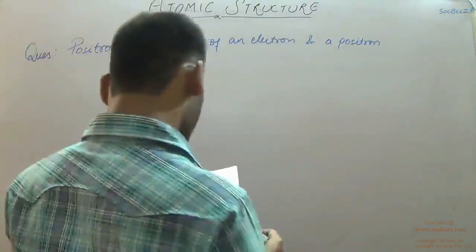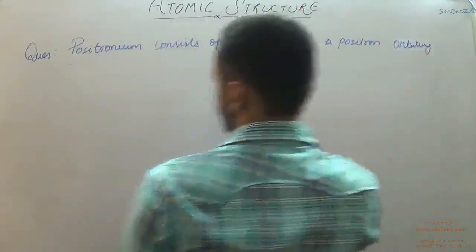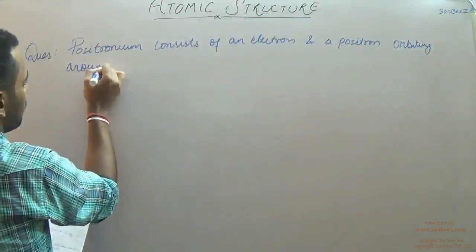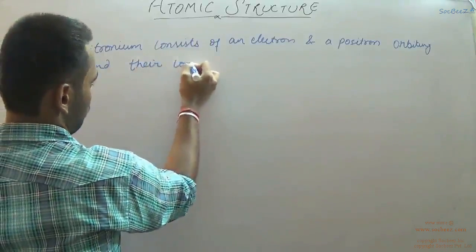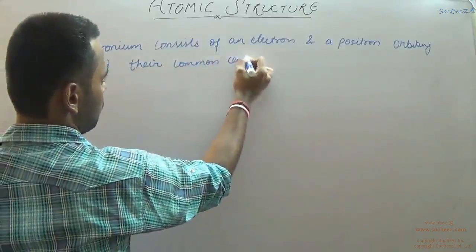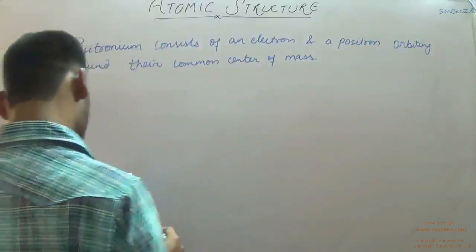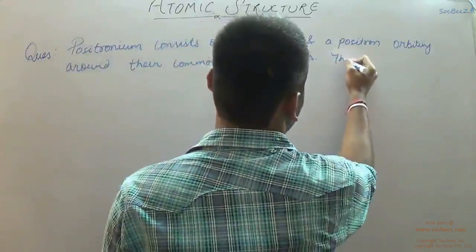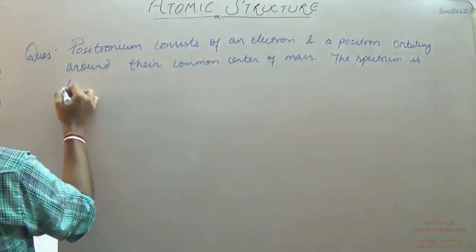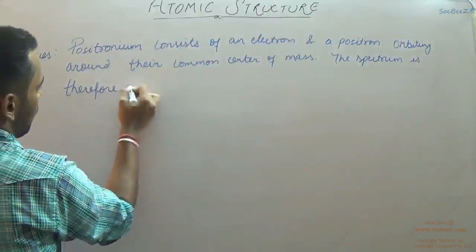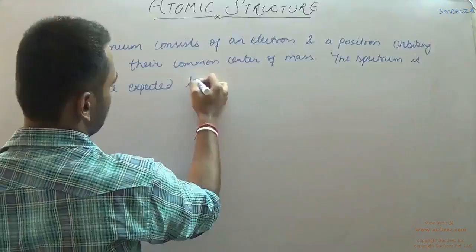We'll see it later. They are orbiting around their common center of mass. The spectrum is therefore expected to be hydrogen-like.